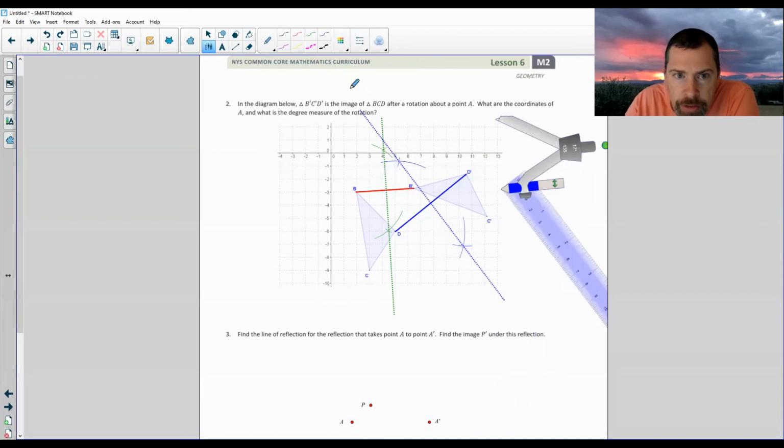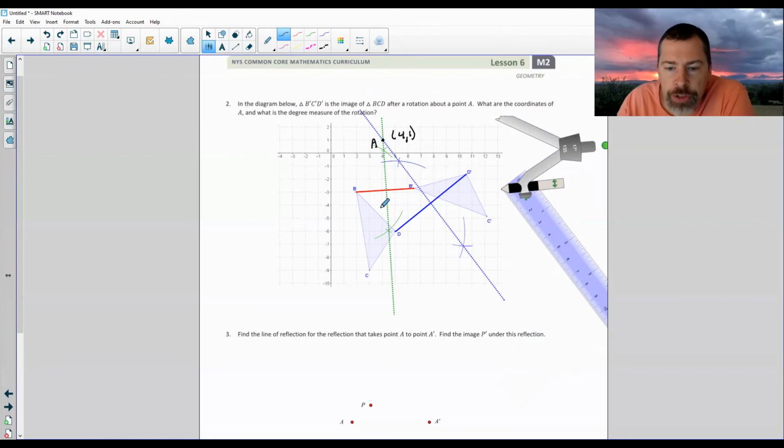And they cross, they intersect at the point right here, which is 4, 1. Okay, so it says, what are the coordinates of A? Well, that's going to be our point of rotation A, and the coordinates 4, 1.